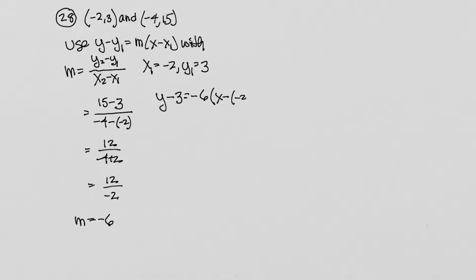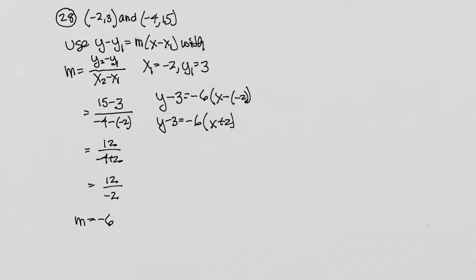Be careful with these negatives, negative 2. So this is y minus y1 equals m that we found to be negative 6, x minus x1. This is going to give us y minus 3 equals negative 6 times x plus 2.